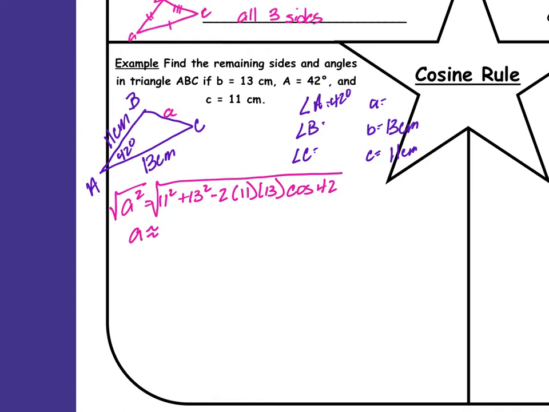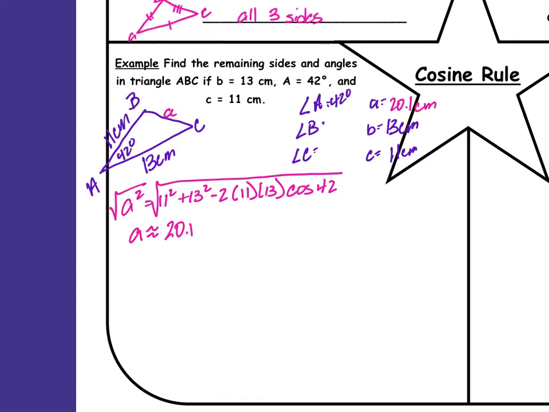I've got the square root of 11 squared plus 13 squared minus 2 times 11 times 13 times the cosine of 42. And that is 20.1.